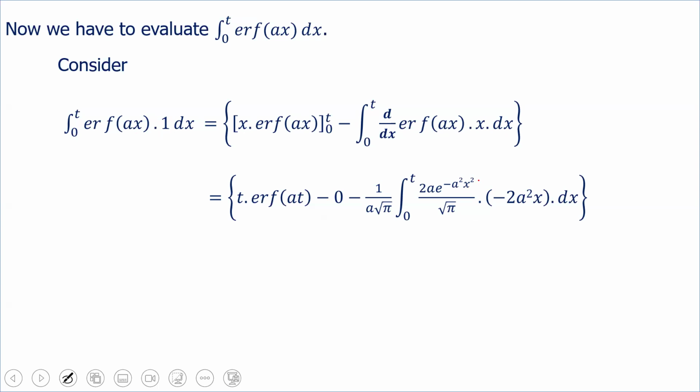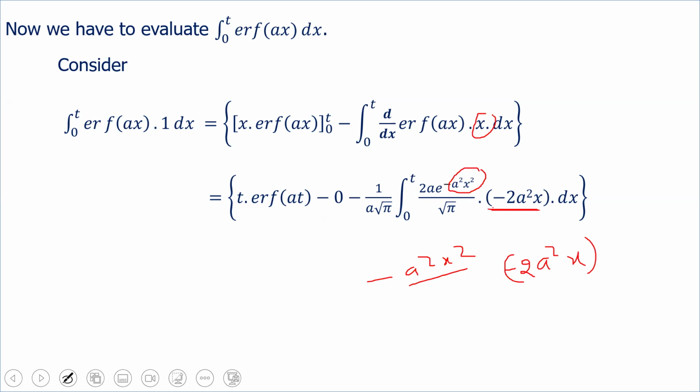Now if we differentiate this part, minus a square x square, with respect to x, its value is minus 2a square x. So we are multiplying this minus 2a square x with respect to x. So now x is already over here.